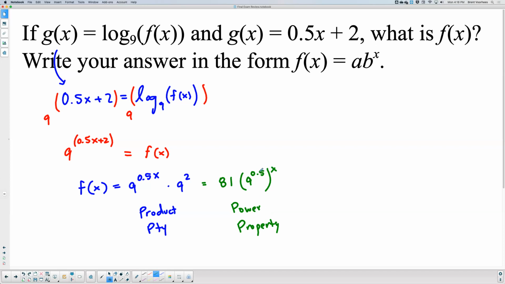So a power raised to a power, you multiply, and I'm doing the opposite, factoring that. And now what is 9 to the 0.5 power? That's basically the square root of 9, which is 3. So I could rewrite this as 81 times 3 to the power of x. There's my equation. F of x would equal 81 times 3 to the power of x. There's my answer.